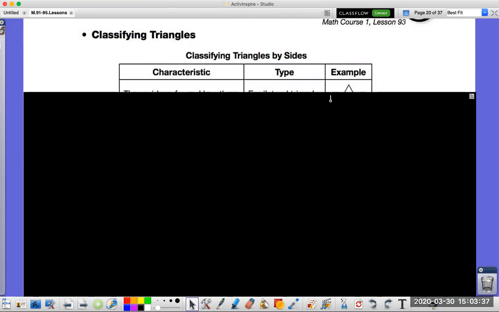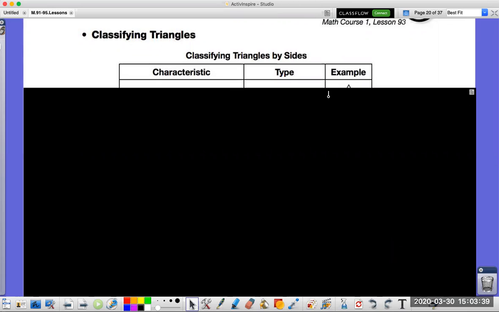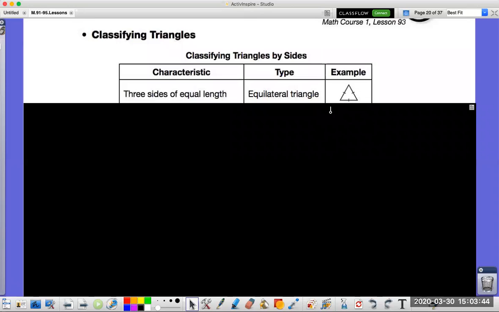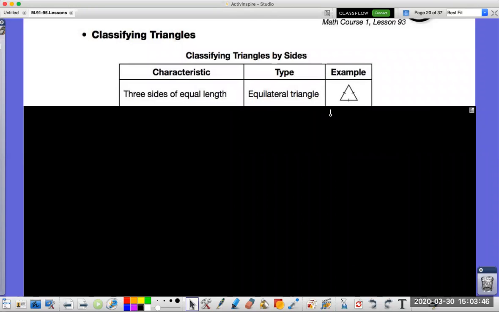You can look at different characteristics of triangles based on the lengths of their sides. For example, here's an equilateral triangle. This equilateral triangle shows that each of those sides is the same length. That's what those little tick marks mean on the sides of that triangle.